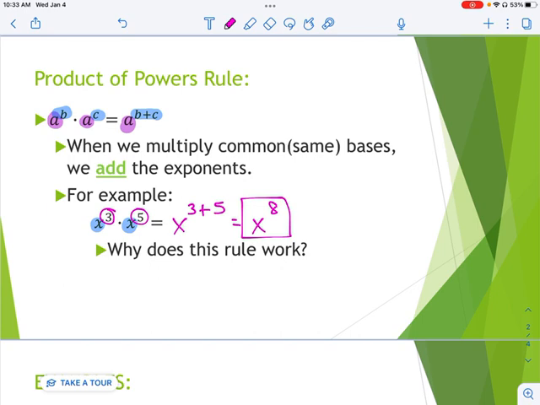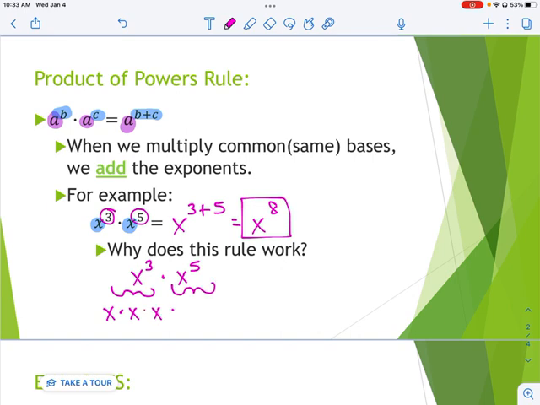Now, why does this work? Well, the reason this works is it's based off of our definition of what the exponent is. So if we take a look at x to the third times x to the fifth, remember x to the third means that we take x times x times x.